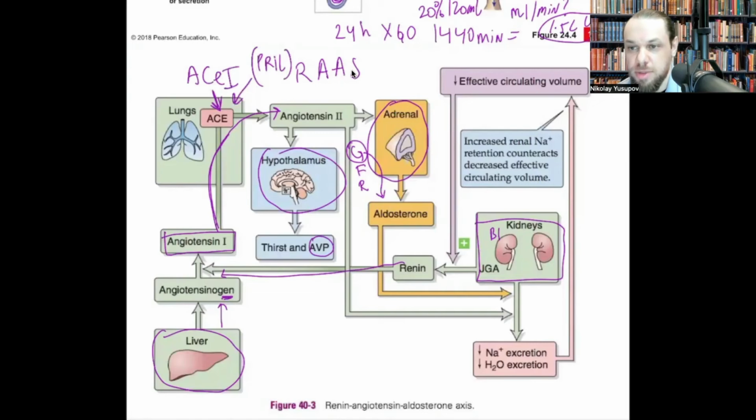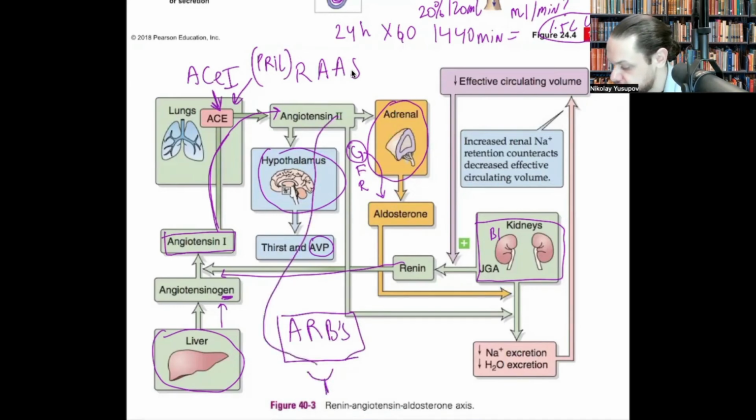Another example could be ARBs, angiotensin receptor blockers, like losartan and candesartan, and they work specifically on the angiotensin receptor. So they will block the receptor. Let's say this was the receptor where angiotensin 2 was binding. This drug will come here and will not allow angiotensin 2 from binding.